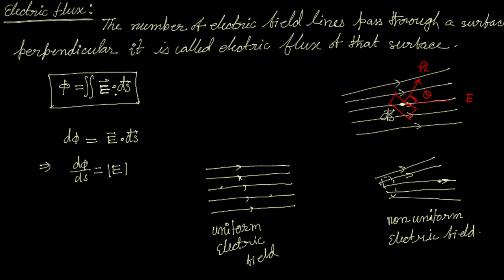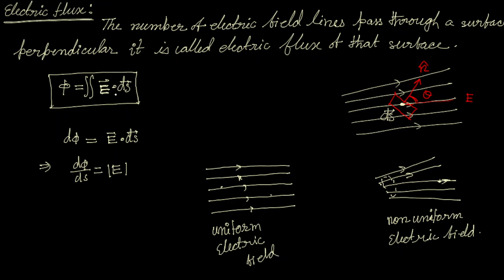Now this electric field can be uniform or non-uniform, and also the area vector over which we have to take the surface integral to calculate the total flux could be a closed surface or an open surface.